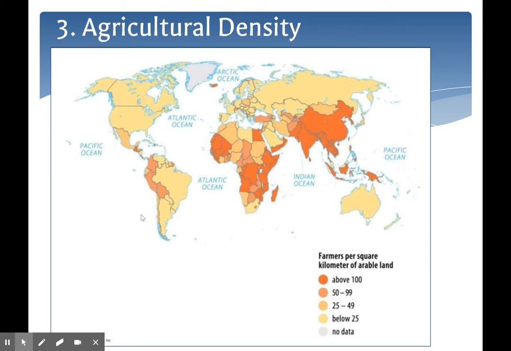You can see a correlation: in more developed countries like the United States, Canada, Brazil, Russia, and in Europe, they don't need as many farmers because they're capable of farming larger areas under one farmer, while you see countries who are still developing, who don't necessarily have the technology and capabilities to farm on a large scale. So they're going to need more people, more hands-on, and you'll see that correlation going forward with other developing nations. So that's agricultural density.